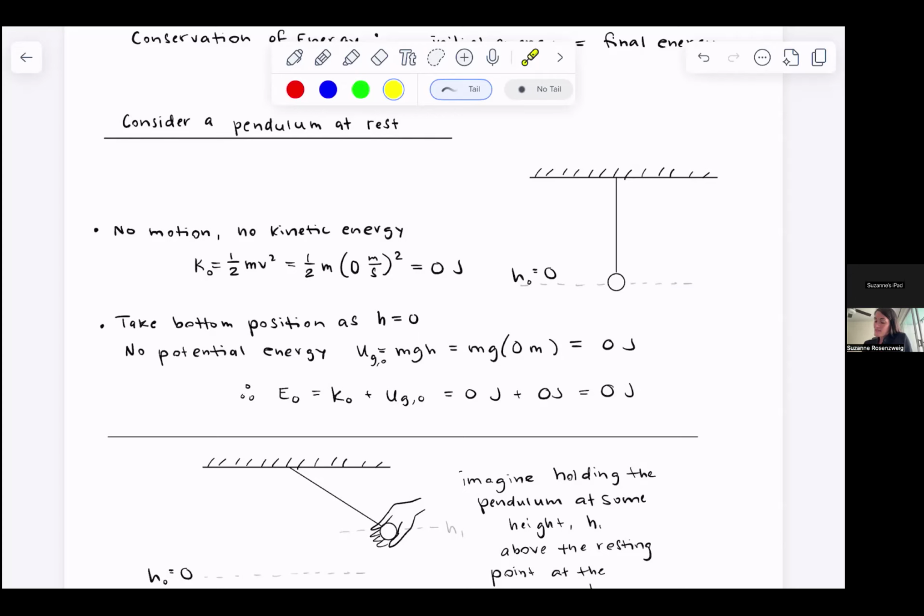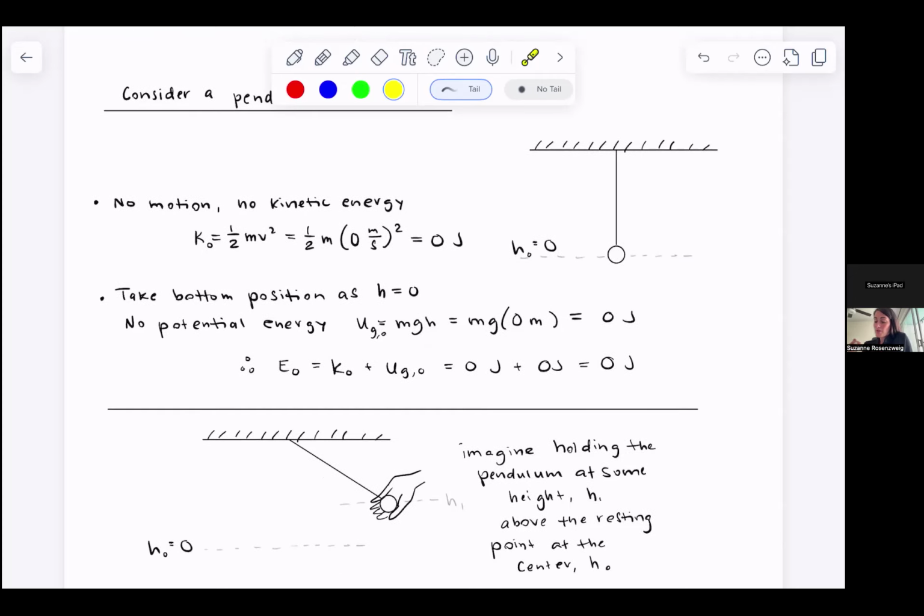So in this scenario, we have no motion, which means we have no kinetic energy, because remember, kinetic energy is 1/2 mv squared, but v in this case is 0. So the kinetic energy is 0. And since we've taken the bottom position as height equal to 0, that means there's no potential energy, because potential energy is mgh, but h is 0. So potential energy is 0.